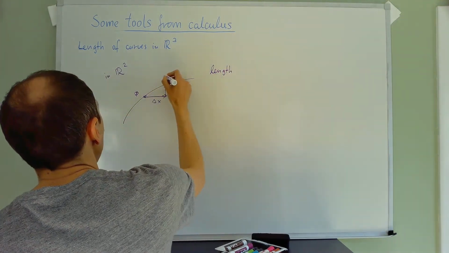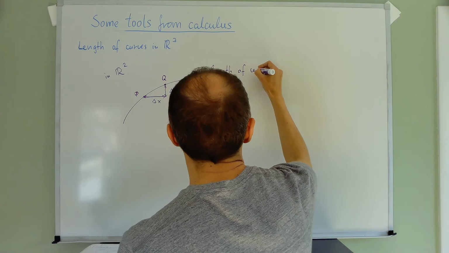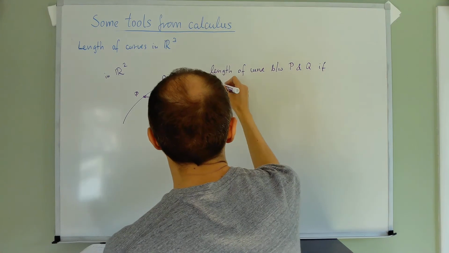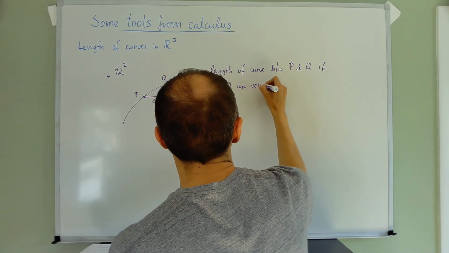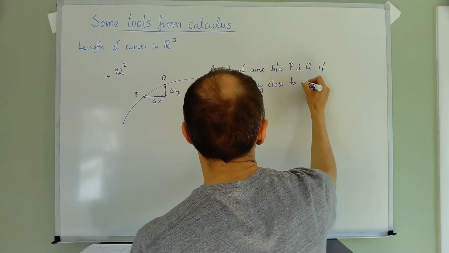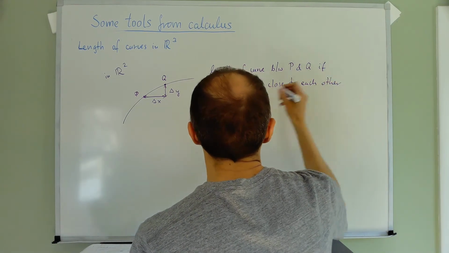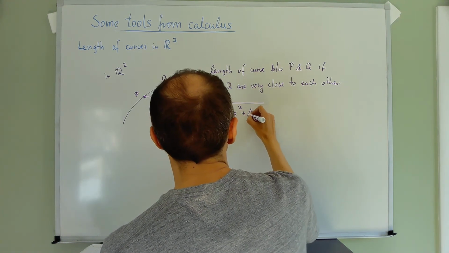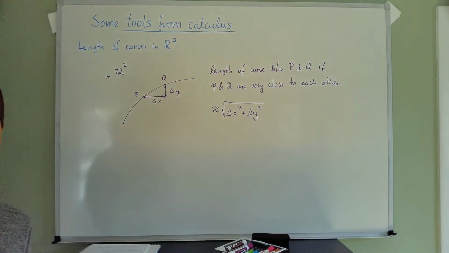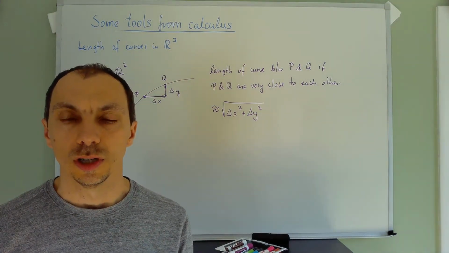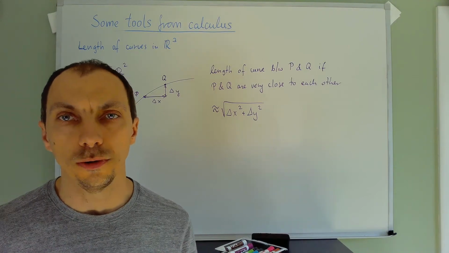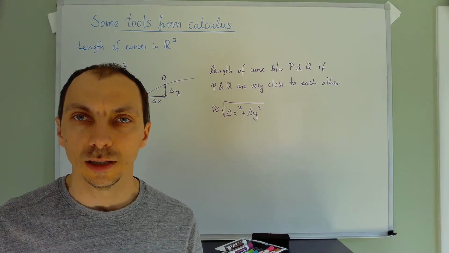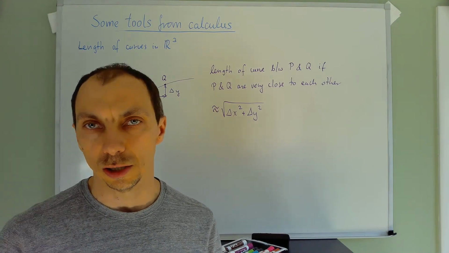Let's call these points P and Q. The length of the curve between P and Q, if P and Q are very close to each other, equals approximately the square root of delta x squared plus delta y squared. That's just the Pythagorean theorem. If P and Q are really close, then the curve between these 2 points doesn't curve very much. It looks like a straight line. That's of course only an approximation, but in the end, when we do Riemann sums, we take the limit and the approximation actually becomes true.